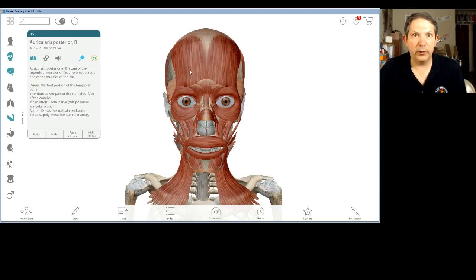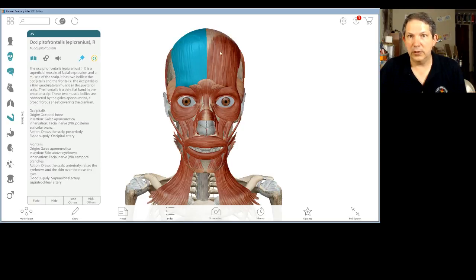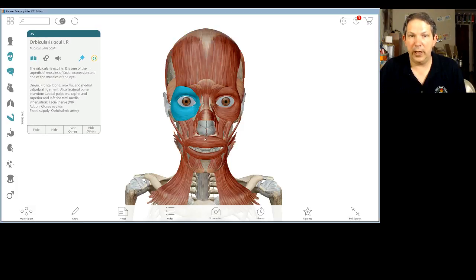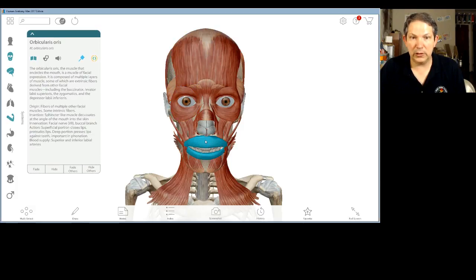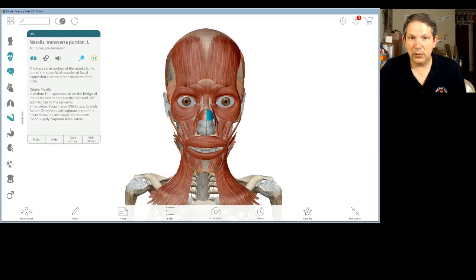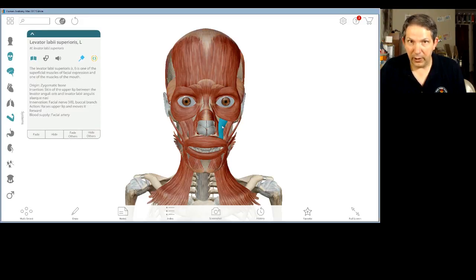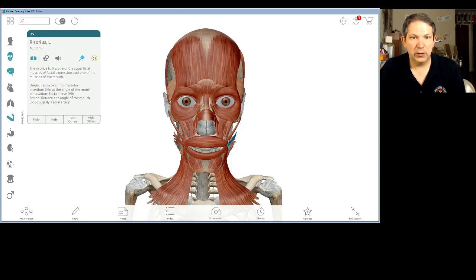Okay, kind of skipping. So really, let's keep it simple. The frontalis, which is part of the occipitofrontalis, orbicularis oculi, orbicularis oris, nasalis, levator labii, zygomaticus, and risorius.